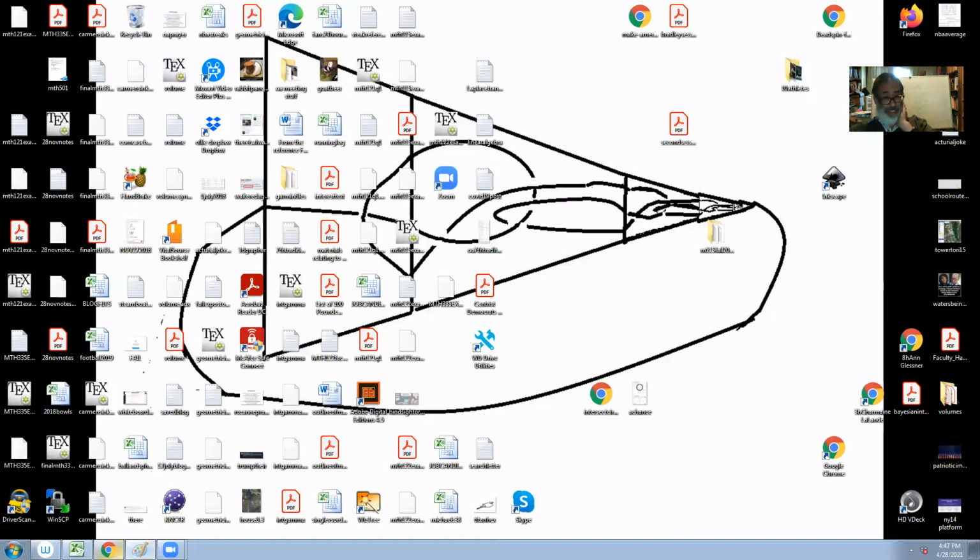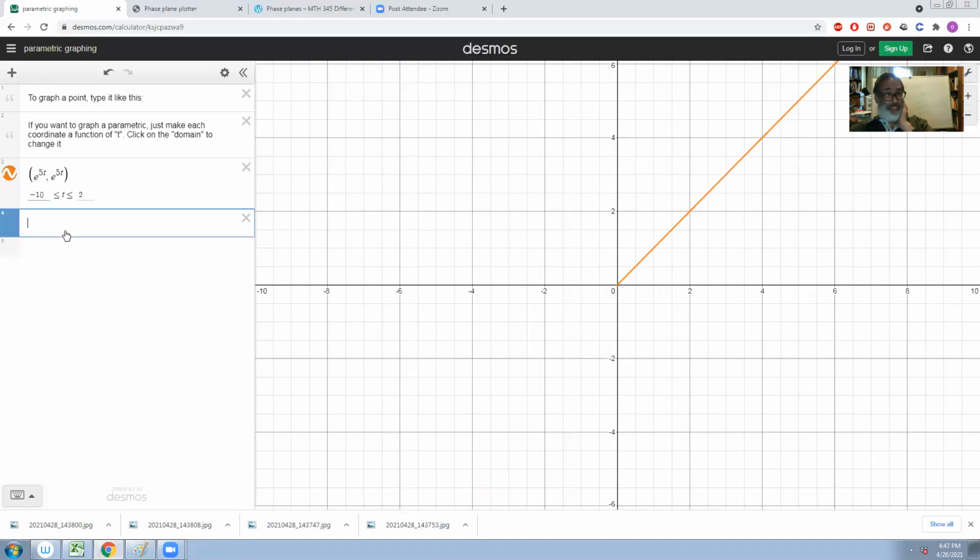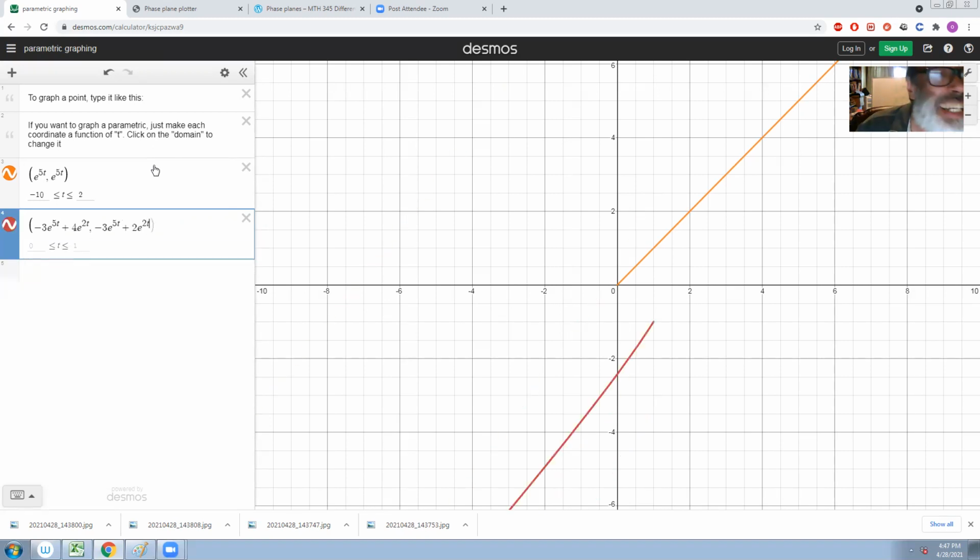Well, we go on to Desmos here. Let's take a look at this equation. We have minus 3e to the 5t plus 4e to the 2t, and minus 3e to the 5t plus 2e to the 2t.